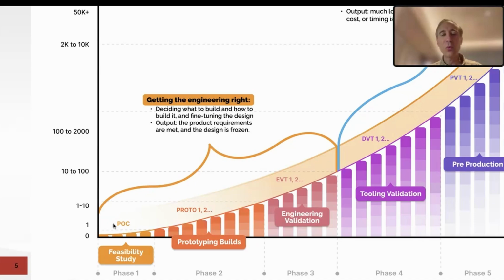The first one we call the feasibility study. I'm going to focus mostly on consumer products; medical devices or other highly regulated products require the team to go more in depth in some of these aspects. But in the feasibility study, you're thinking, what exactly is the product? What are the requirements?